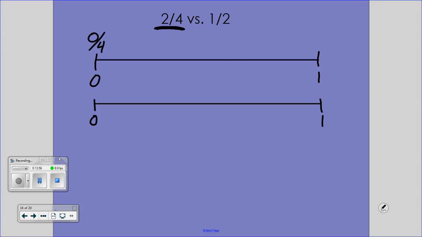What fraction am I going to write above 1 whole, Taijir? I'm partitioning my fourths. 4/4.